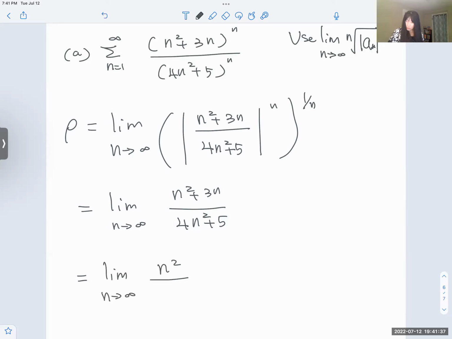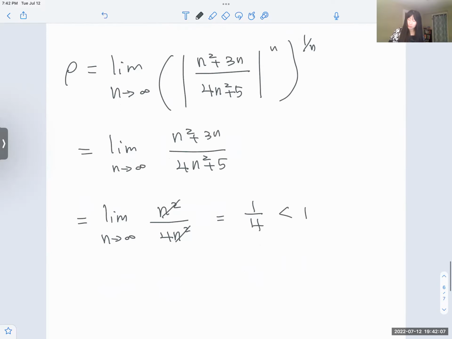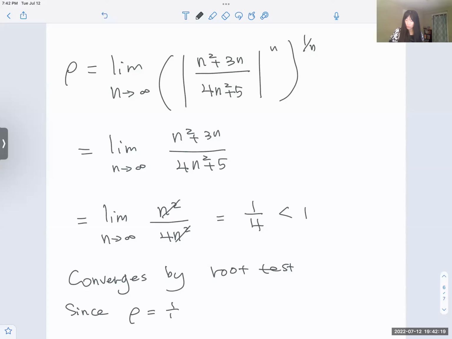Now n squared over 4n squared is 1/4. Converging or diverging? It converges because it's less than 1. So it converges by the root test, since rho equal to 1/4 is less than 1.